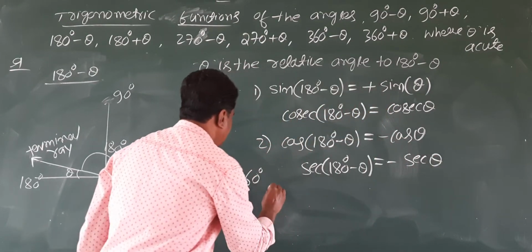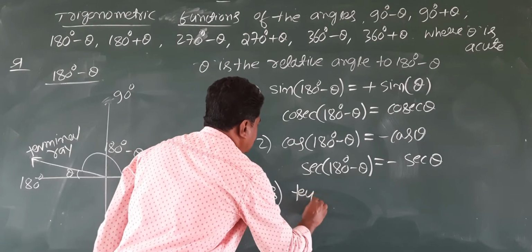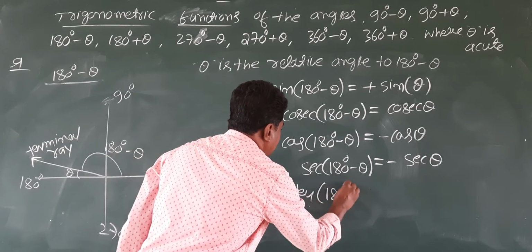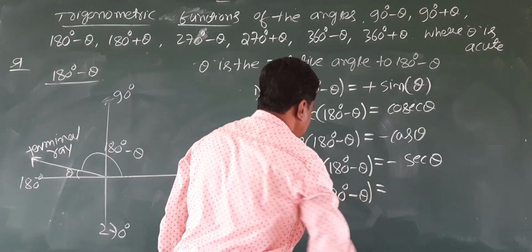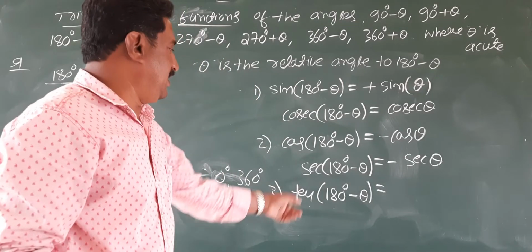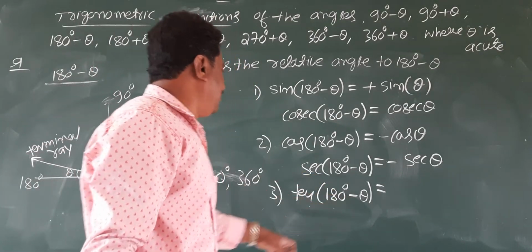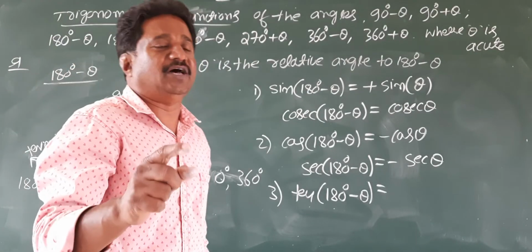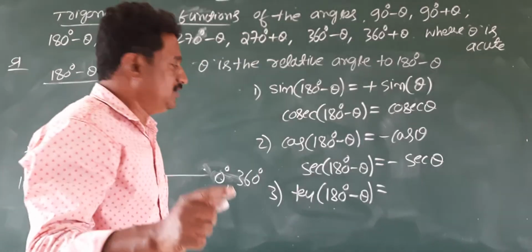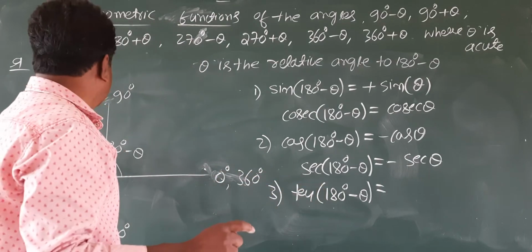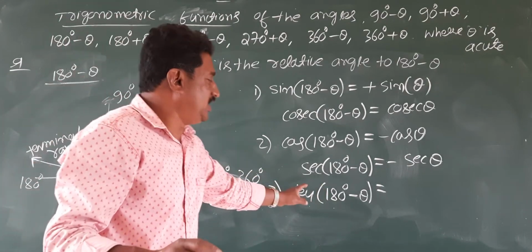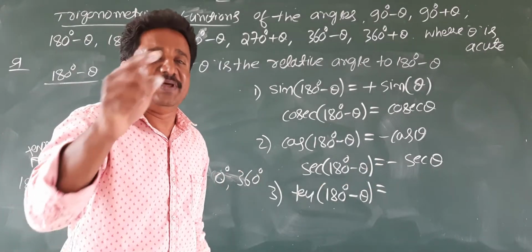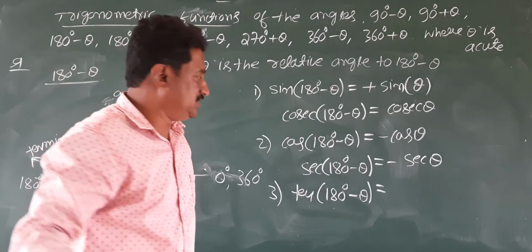So next, tan 180 degree minus theta. 180 degree minus theta, third quadrant. In the third quadrant, tan is positive. Sorry, second quadrant. 180 degree minus theta, tan, second quadrant. In the second quadrant, all tan values must be negative according to ASTC.